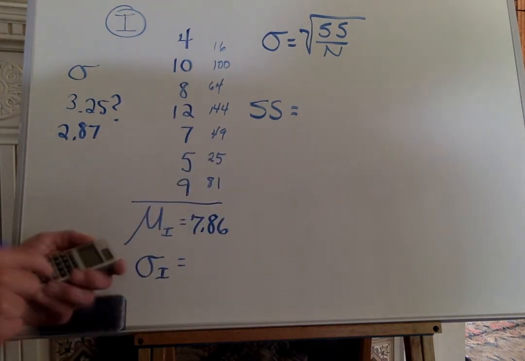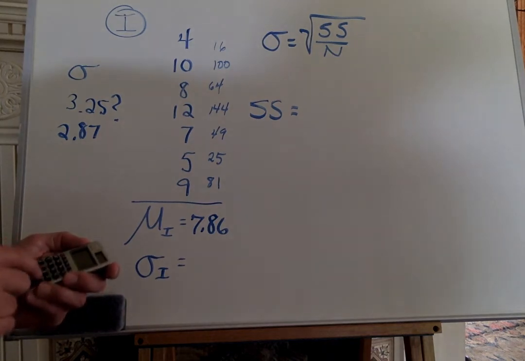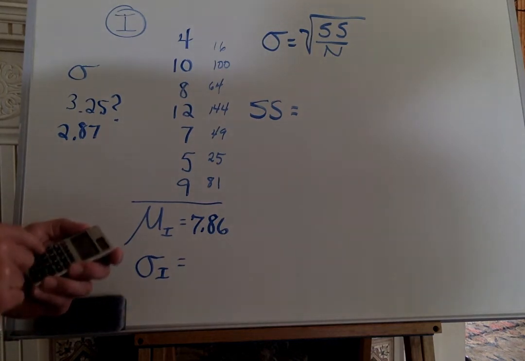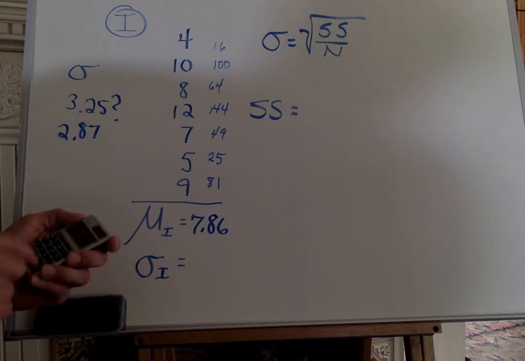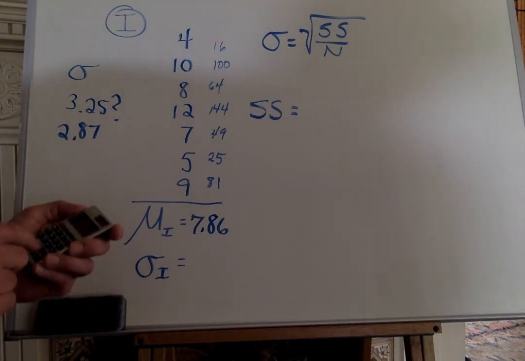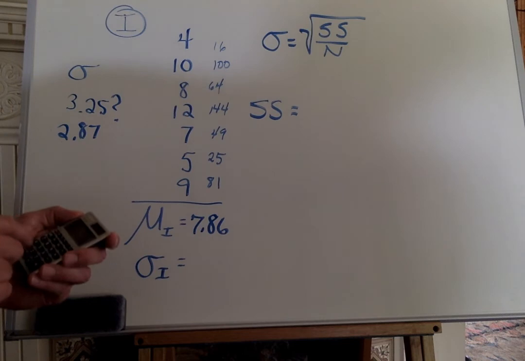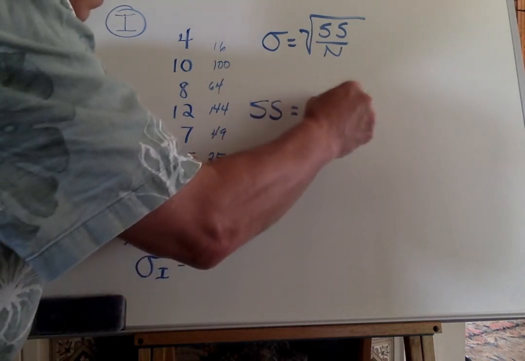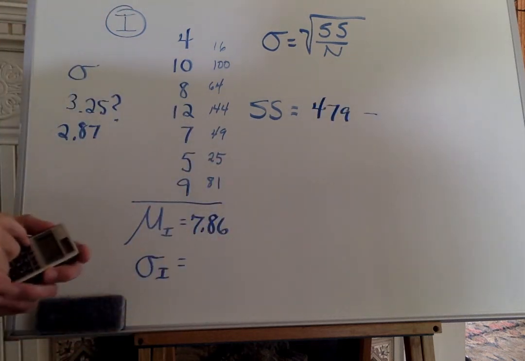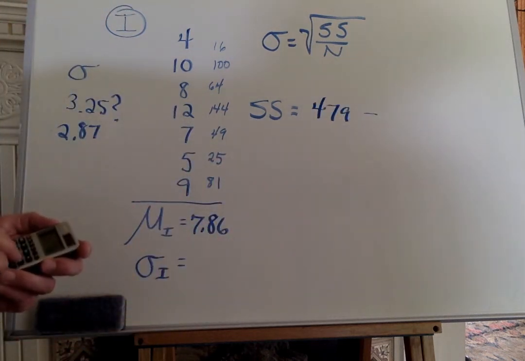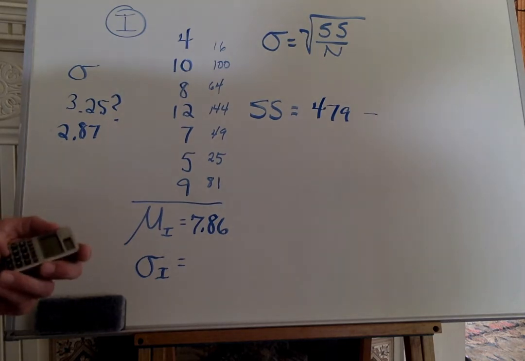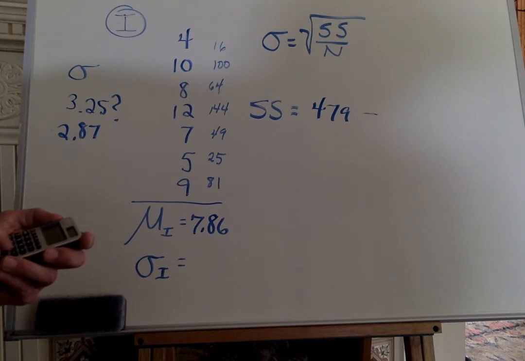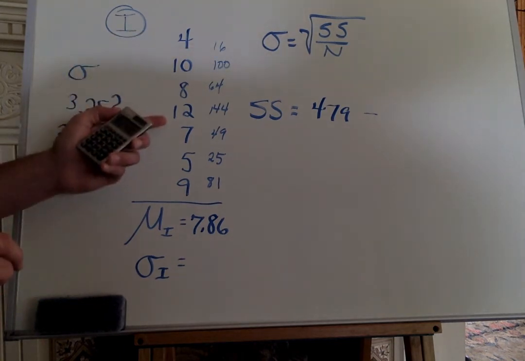Yep, I'm annoying. So 16 plus 64 plus 144 plus 49 plus 25 plus 81 equals 479, minus 55 squared divided by 7. 1, 2, 3, 4, 5, 6, 7.